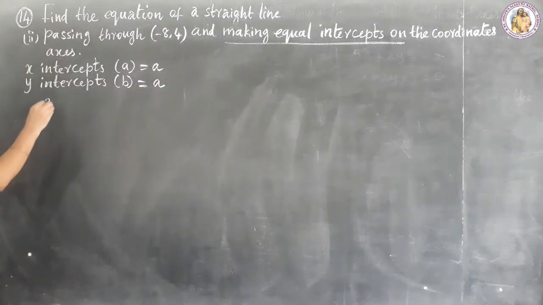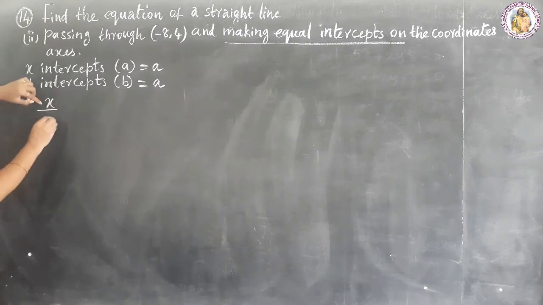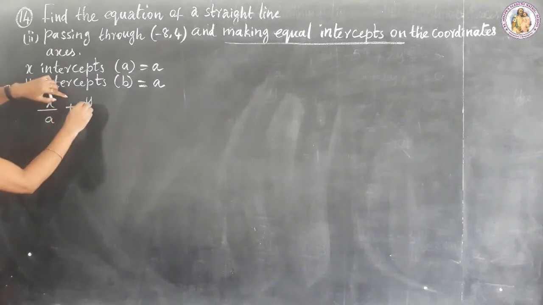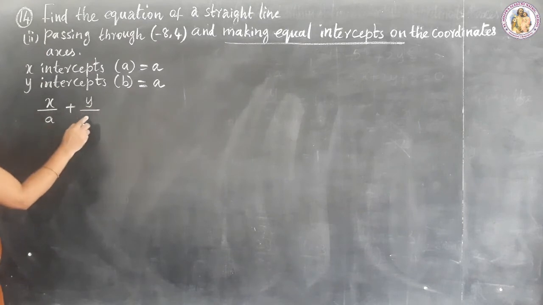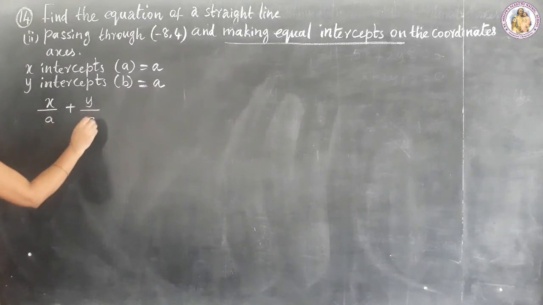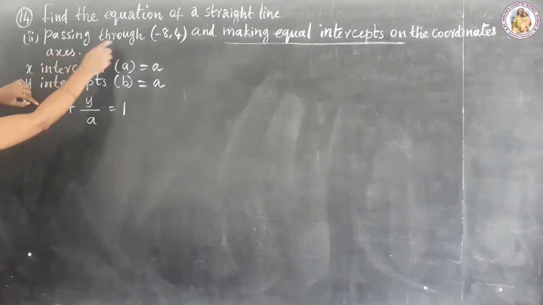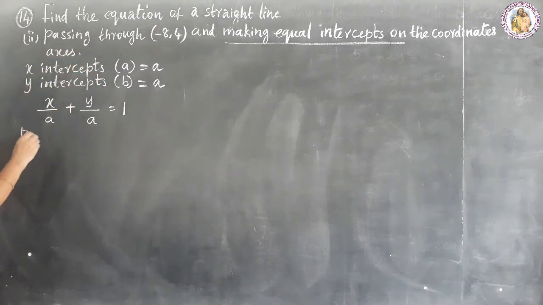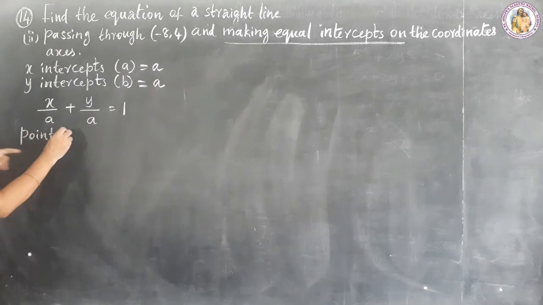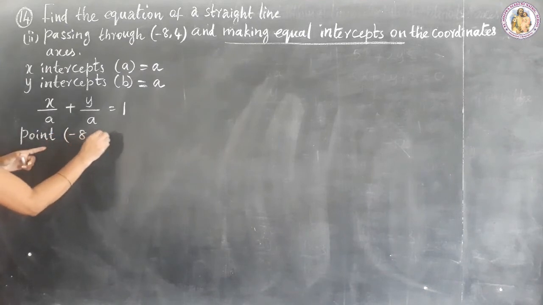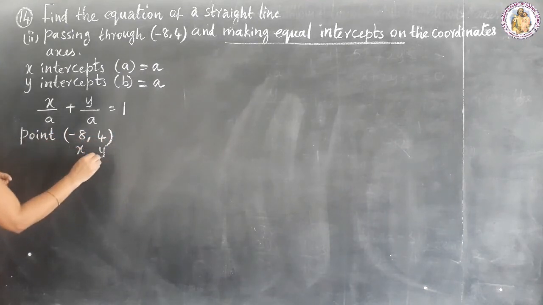Now x by a plus y by a, so in the place of b we write a, is equal to 1. Now passing through the point minus 8, 4, so taking this as x and y.